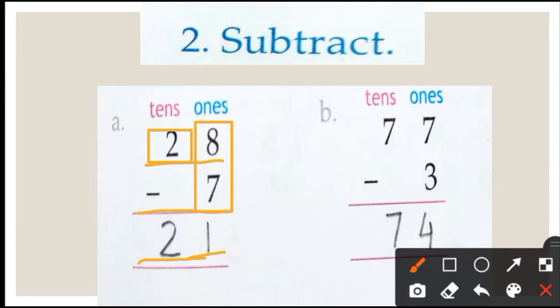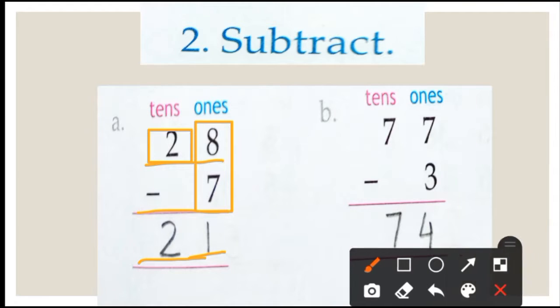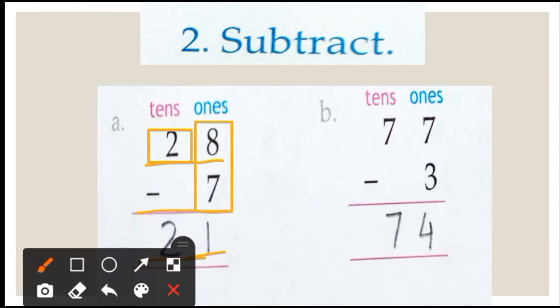Now we will move on to our second question, question number B, and the digits are 7, 7, 77 minus 3. Now I am going to read our ones part and tens part. In the ones part the digits are 7 minus 3.